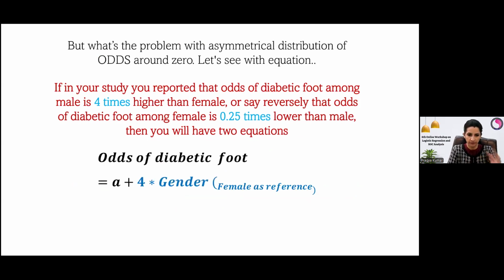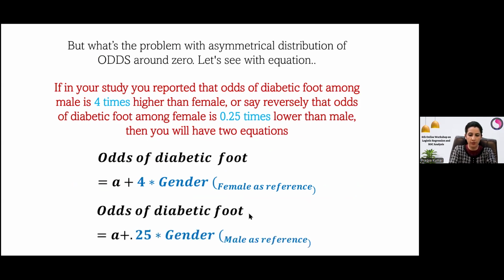So how will I write that? Odds of a diabetic foot: if I take female as a reference, then I'll have to write 4, that means the odds ratio. And if I take male as a reference, then I'll have to write 0.25 here. Why? Because the odds is different.